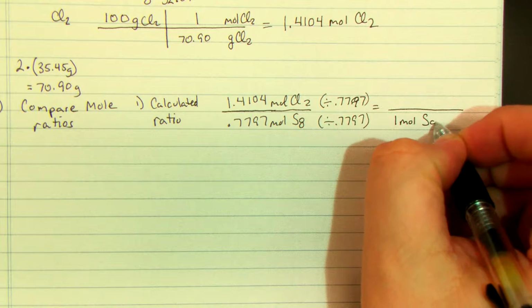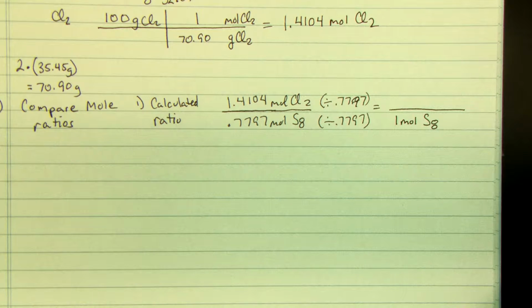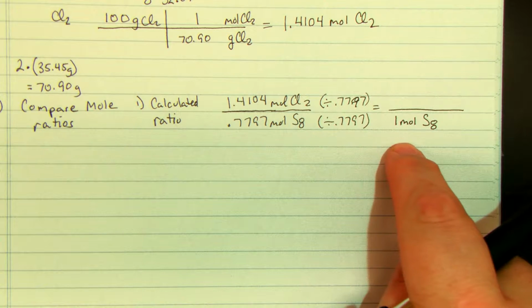And the nice thing about that is, what's the coefficient of S8 in the equation? Look back at your equation at the top. The coefficient is 1. So I know I have 1, so I'm good to go there. That's really nice.